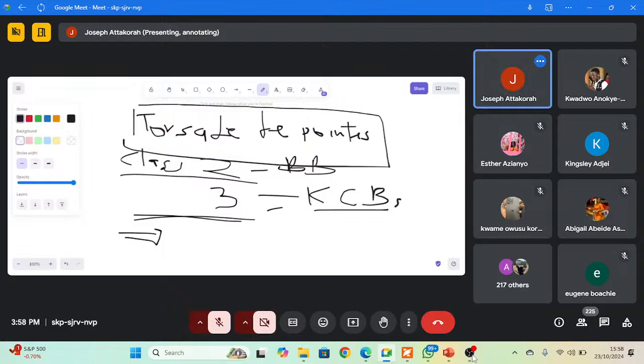When you talk about torsade de pointes, it's talking about when we have variation in QRS amplitudes.